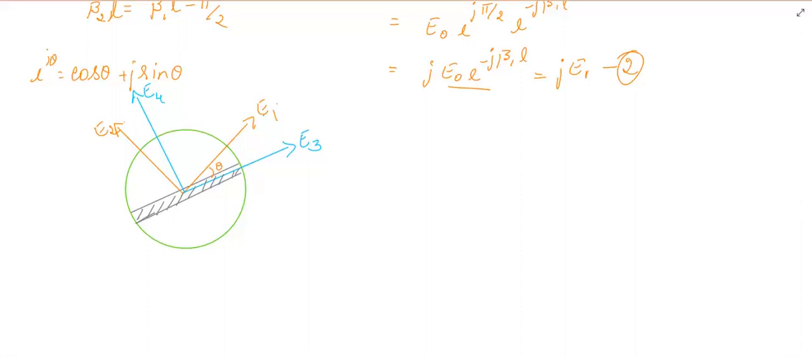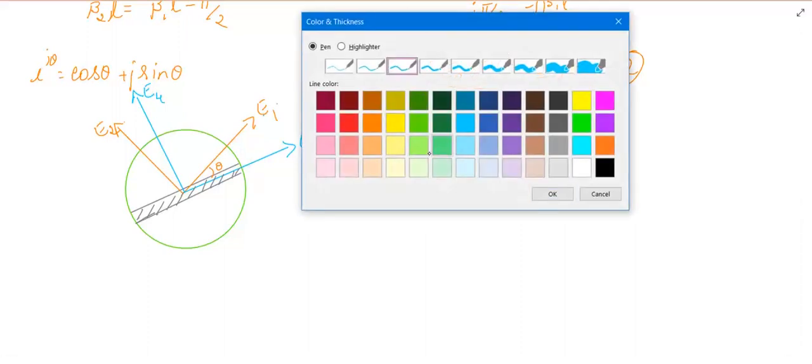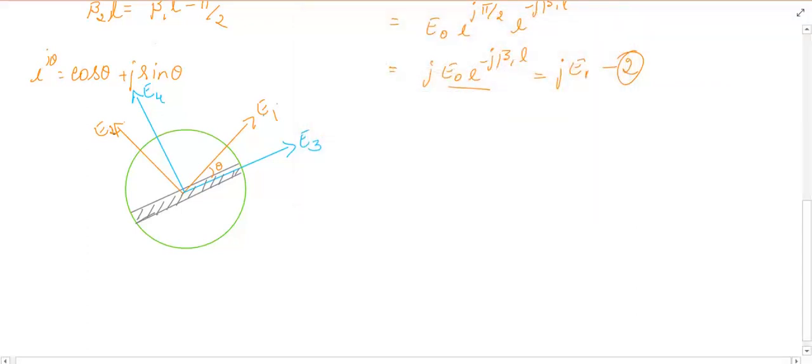In the same way, I will split E2. The two components of E2 are, one should be the cos component, then the other one; the orange fields are making an angle of 90 degree. E3 and E4 are also making an angle of 90 degree. So can I say even this angle is also theta?